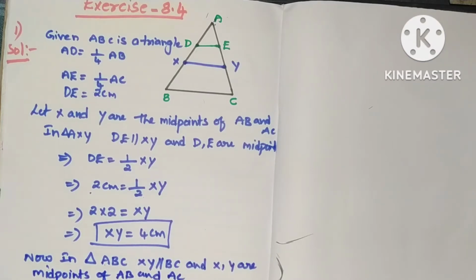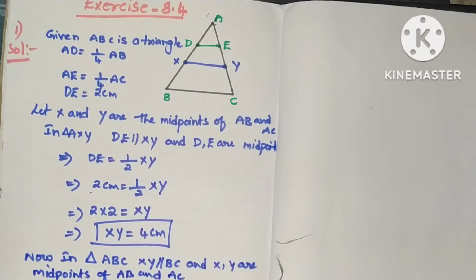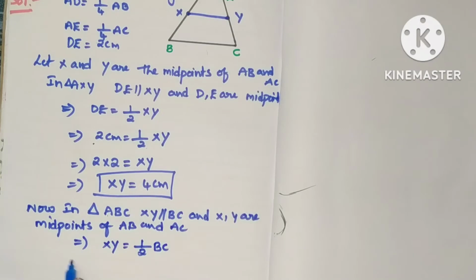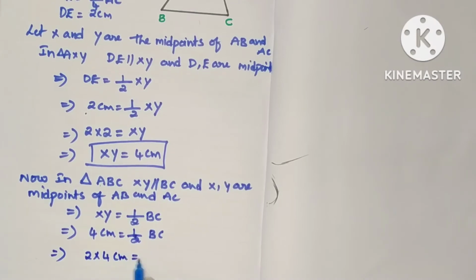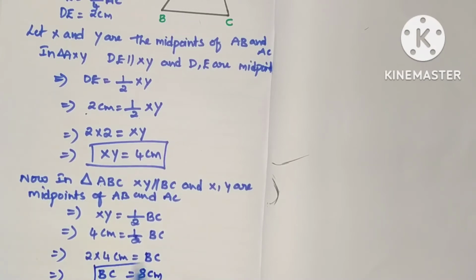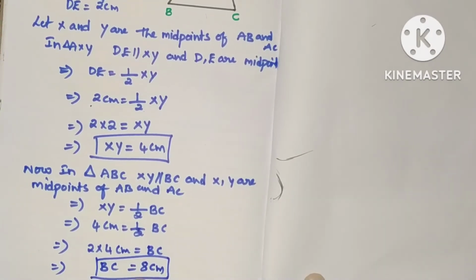So XY is parallel to BC, and X, Y are midpoints. So by the midpoint theorem, XY equals half BC. We have XY as 4 centimeters. So 4 centimeters equals half BC. Again, just transpose this 2 to the LHS. It comes under multiplication. So that implies BC equals 2 fours are 8 centimeters. So they asked to calculate BC, and finally we calculated BC as 8 centimeters.